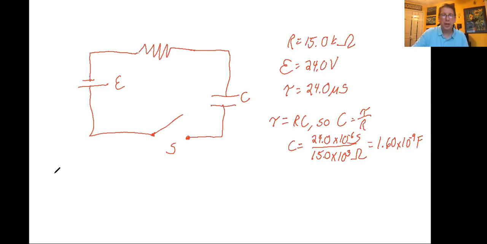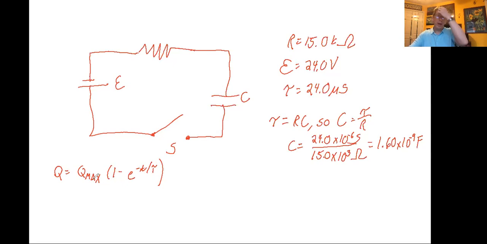So we have our basic equation, and it's a charging circuit. So that's Q is equal to Q max times 1 minus e to the negative t divided by tau. Since we're given tau, we'll write it like that.